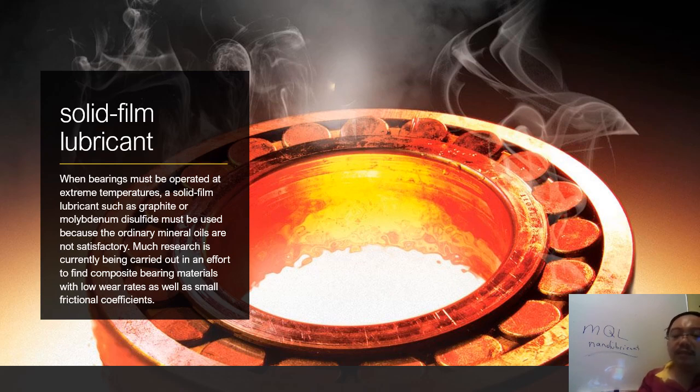Graphite, molybdenum, and all other materials which have high melting temperature will not easily dissipate into air, because their melting temperature is high. So this is why it is ongoing research. Many researchers nowadays are working on this topic itself.